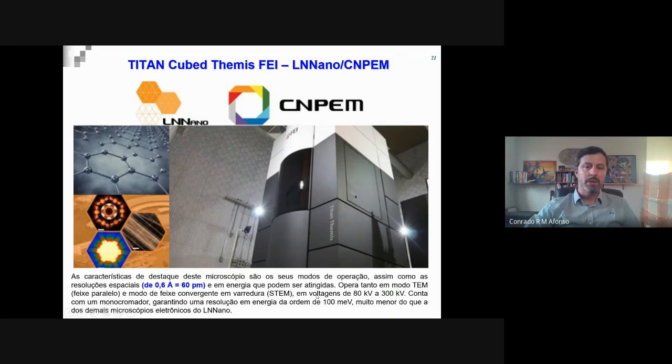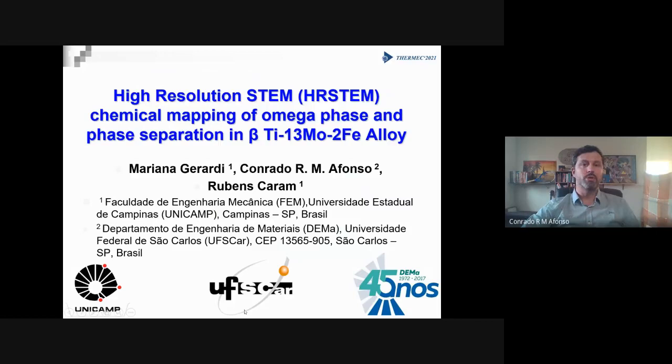So it's an incredible microscope, and we tried to use it in the characterization of a beta titanium alloy, titanium, 13 molybdenum, 2 iron alloy.